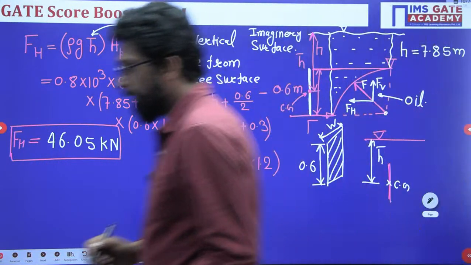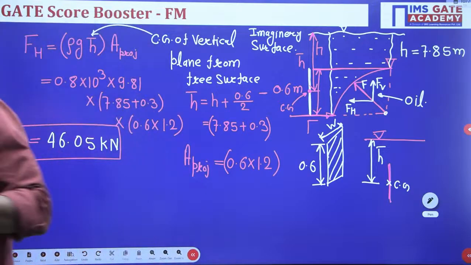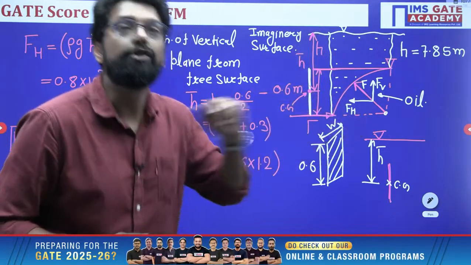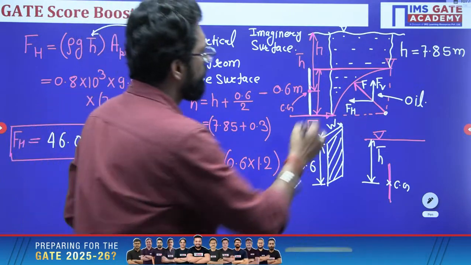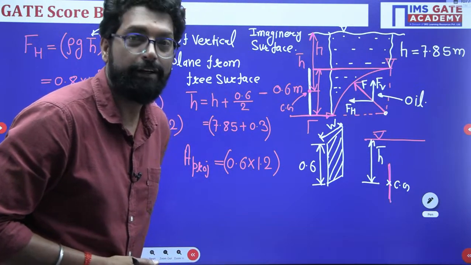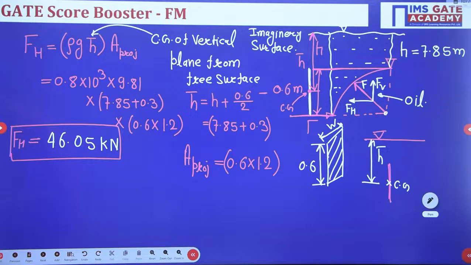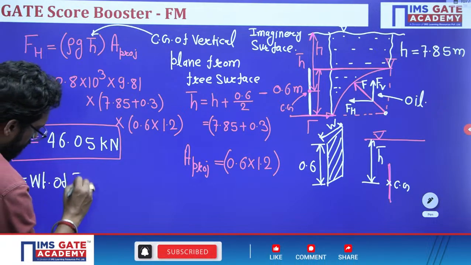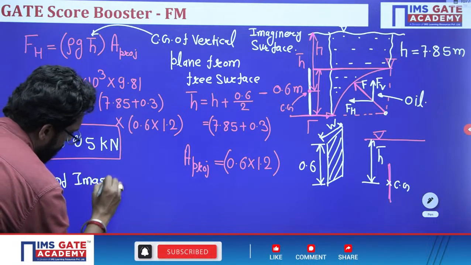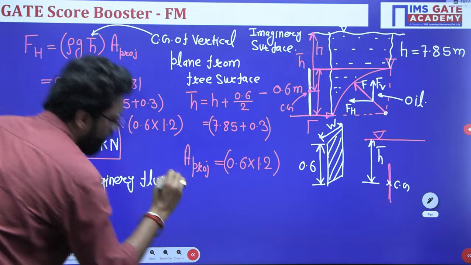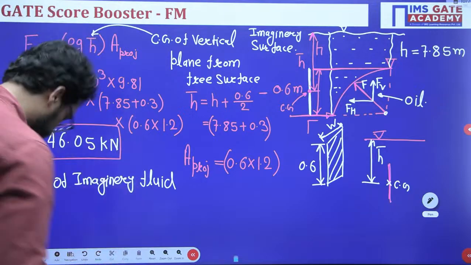Now, we have to find the vertical force also. So what is the vertical force? The weight of the fluid. Vertical force Fv is the weight of the imaginary fluid.